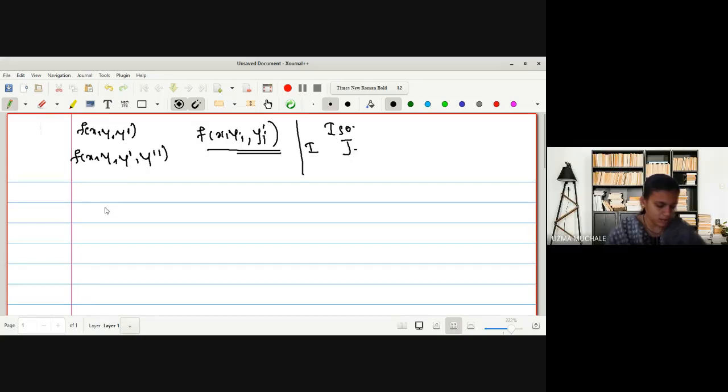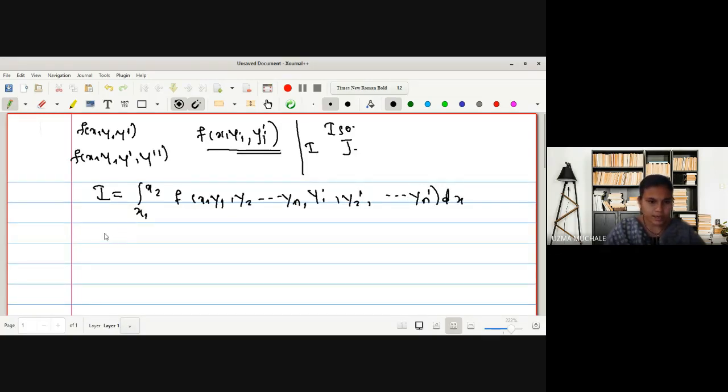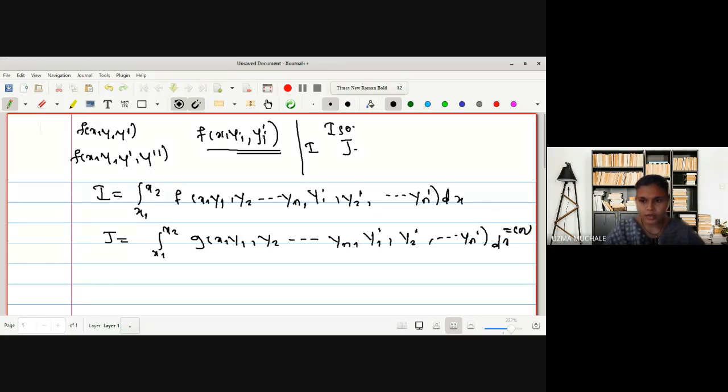No ma'am. Okay, let us go for the next one. Obtain the Euler-Lagrange differential equation such that we have to find the extremization of the integral I, which is a function of x, y1, y2 up to so on yn, y1 dash, y2 dash up to so on yn dash dx, and extremization under the integral J, which is from x1 to x2, g of x, y1, y2 to so on yn, y1 dash, y2 dash up to so on yn dash dx, which is equal to some constant number.